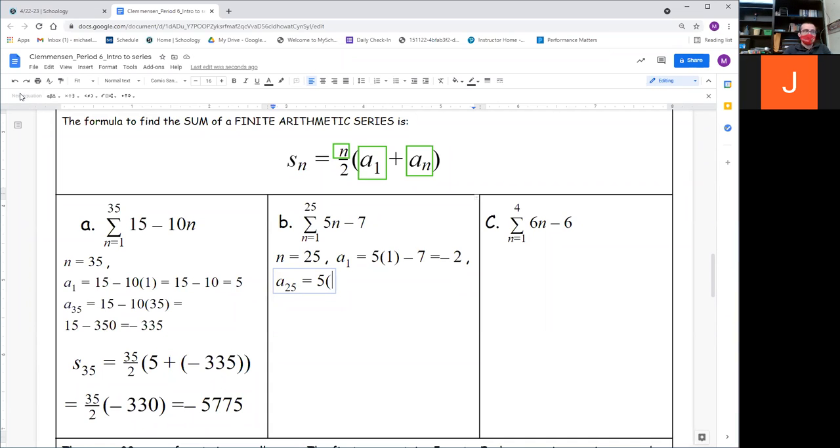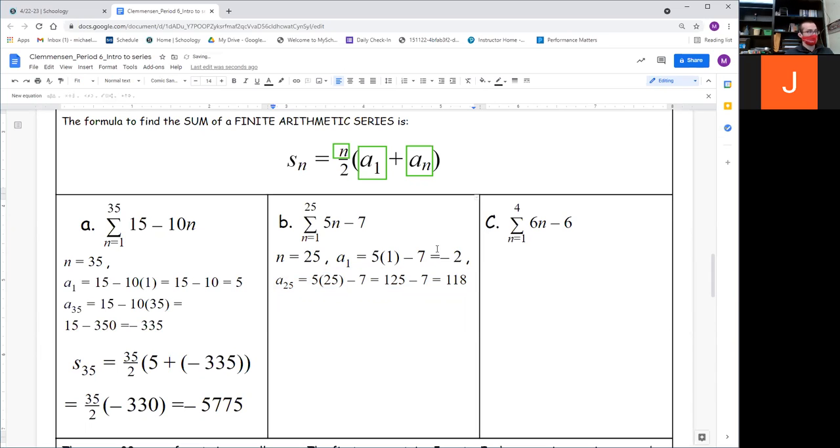The last time we used 1 because we wanted A sub 1. What should go in our parentheses? Perfect. What's 5 times 25? Perfect. What's 125 minus 7? Perfect. Ran out of room. We're going to shrink that down a little bit so that it fits.